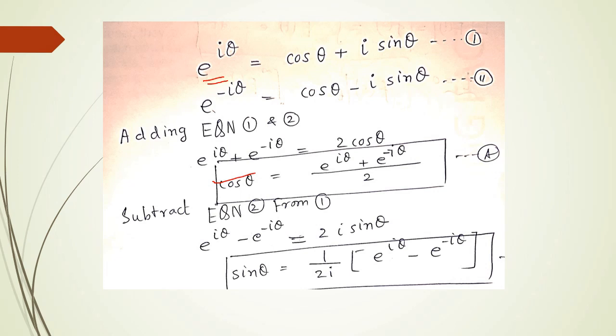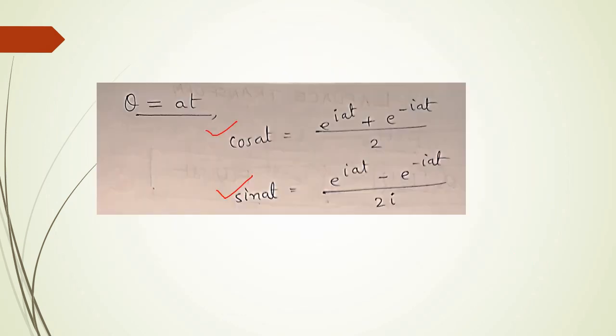This is equation A and this is equation B. Now if we substitute at in place of theta, we will get these two expressions. Now we will perform the Laplace transform distinctly for these.